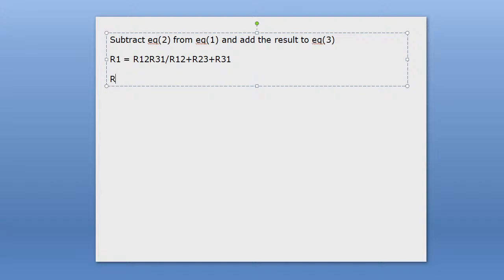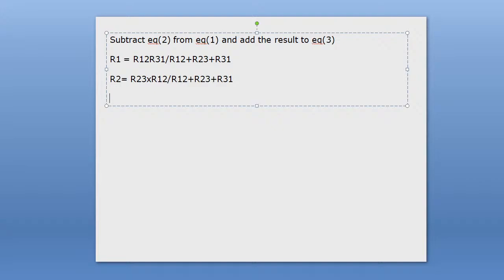Then you will get R2 equal to R23 into R12 divided by the sum R12 plus R23 plus R31, and finally we will get R3 equal to the product of R31 into R23 divided by the sum of the resistances R12 plus R23 plus R31.